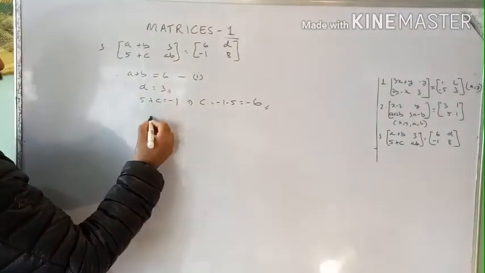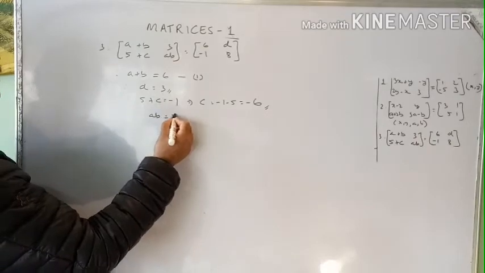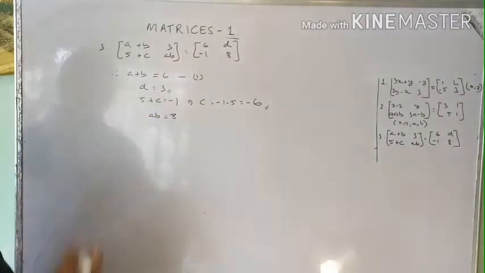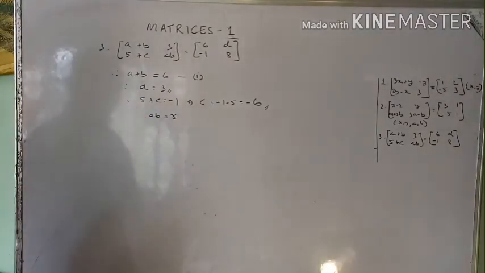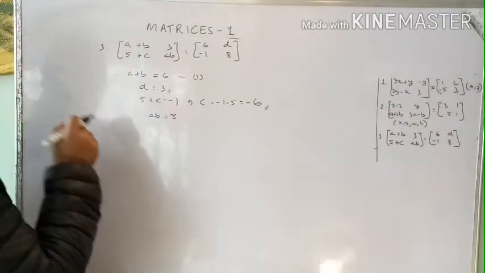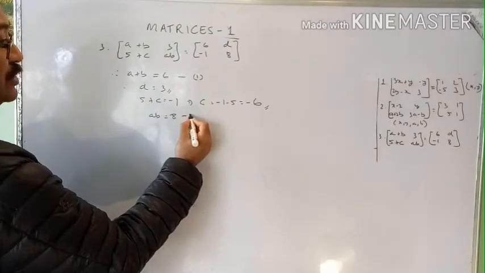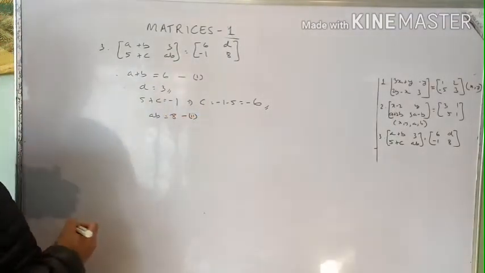Now we have ab equal to 8. There are two variables, a and b, and it's in product form, so we take this as equation number 2.